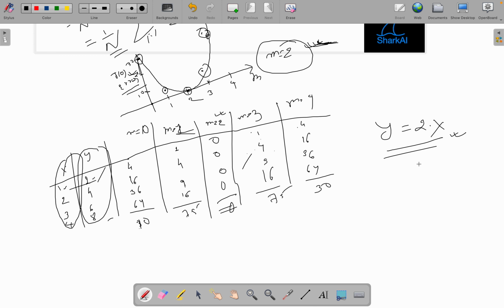Okay, but we have manually substituted, like m is equal to 0, m is equal to 1, 2, 3 and 4. Okay, but this will not happen in machine learning, because if you go for manual substitution, there will be a lot of m values like m1 x1 plus m2 x2, so you have a lot of independent variables.